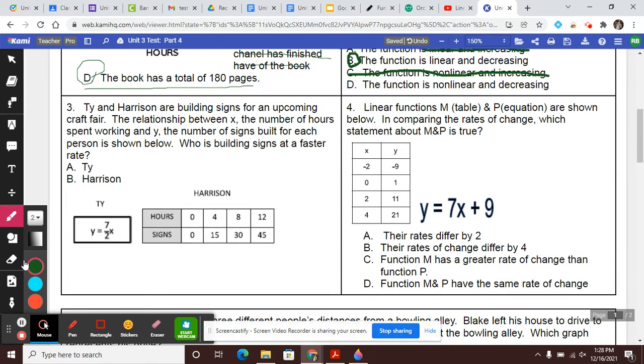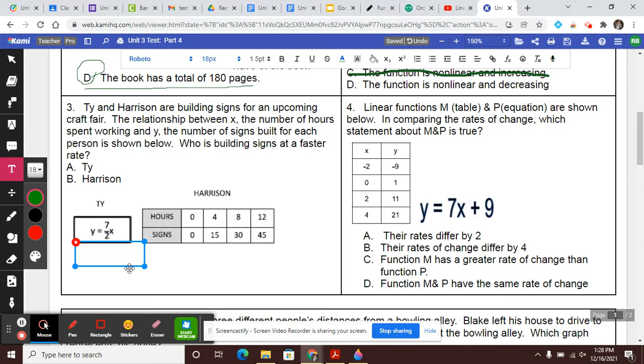The next one, we're looking at Ty and Harrison, and we need to figure out the slope or the unit rate. Here, I'm going to simplify that: 7 over 2. 7 divided by 2 is 3.5, because it's a little easier to compare when we're in decimals. Here, because I'm going from 0 to something, I can easily say I start out with a rate of 15 over 4.